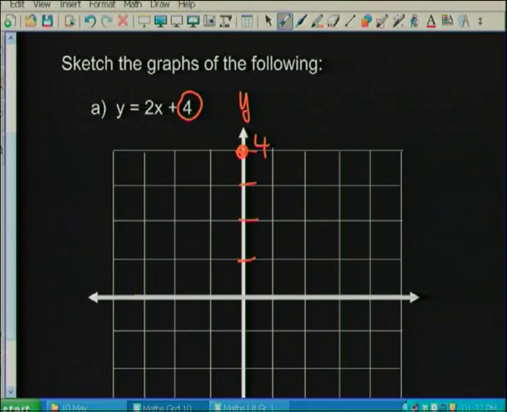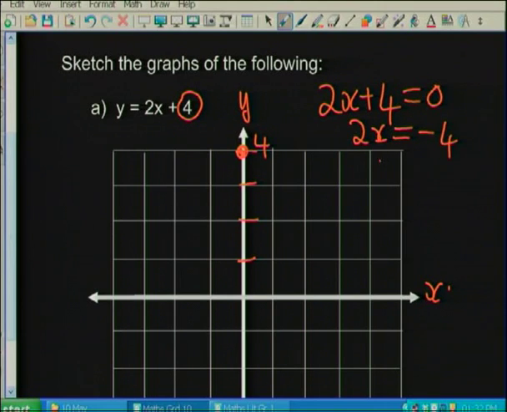It's also important to label your axes. Now, to get the x-intercept, I need to make y equal to 0. So I'm going to say 2x plus 4 equal to 0. So 2x is minus 4, so x is minus 2. And I'm indicating that on my graph as well.